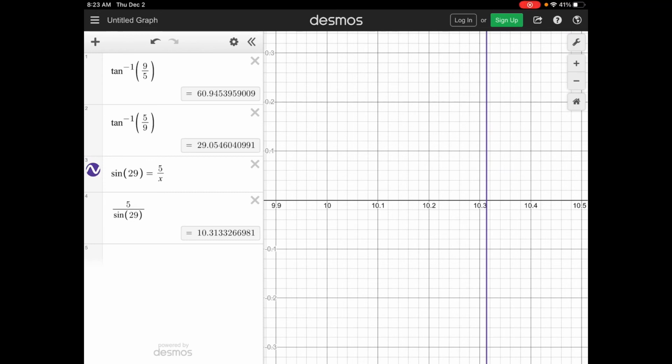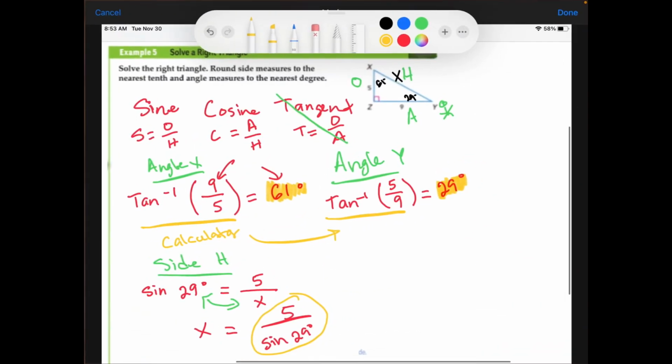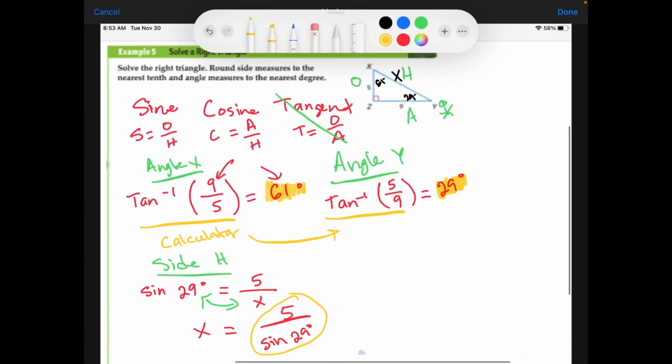So you can try to estimate it looking at your picture, but it's better if you try to get your x by itself. And so your answer will be 10.3. They want the side measures to the nearest tenth, so your hypotenuse is going to be 10.3 units.